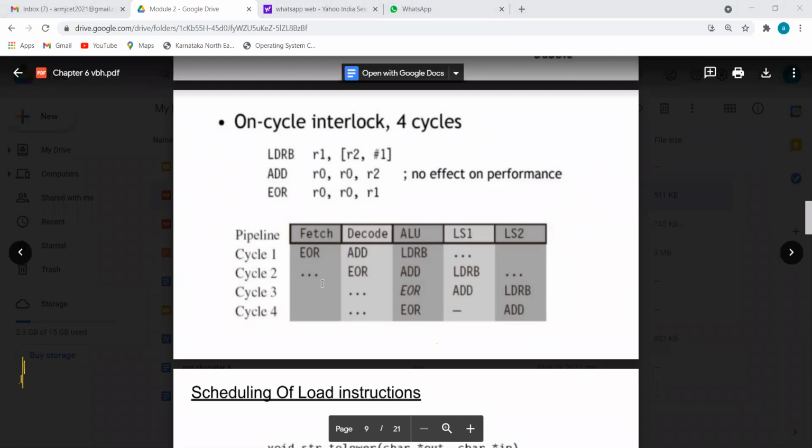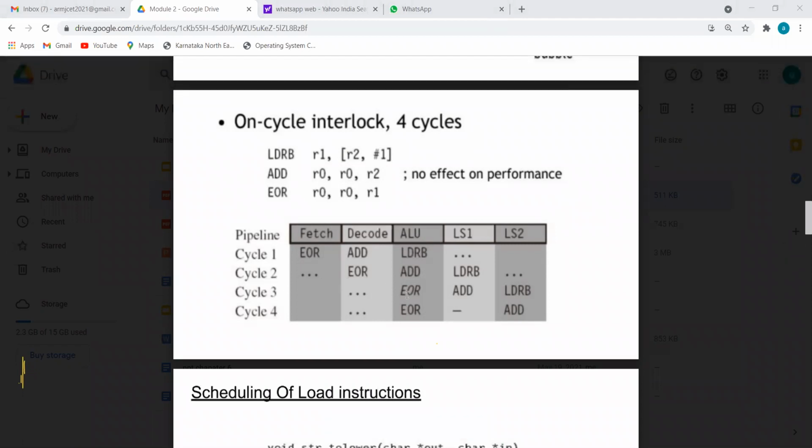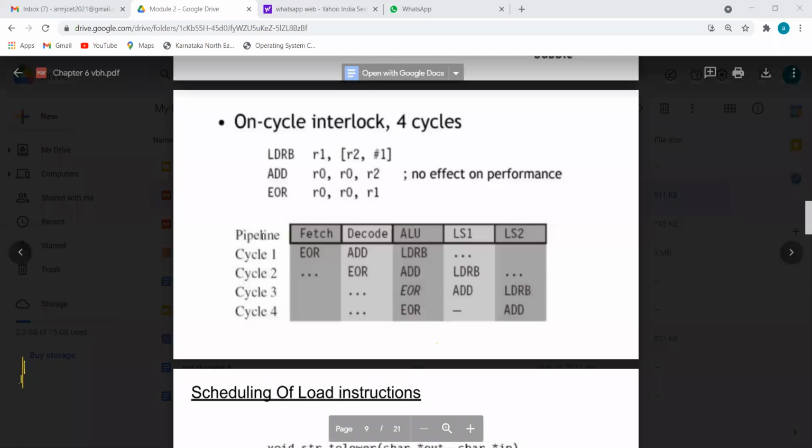Okay. So in the third cycle, normally a XOR will execute, I mean try to execute. But XOR needs two operands, R0 and R1. R1 will be available because LDR is already finished.